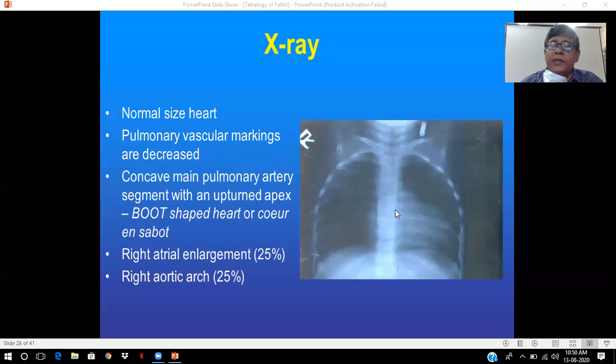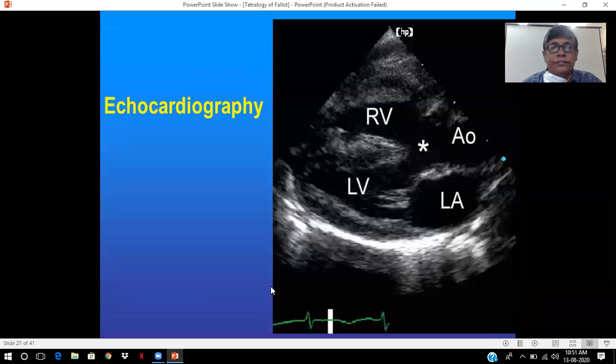Right atrial enlargement may be there in 25% of cases, and a right-sided aortic arch in 25% of cases. In echocardiography, you can see the large VSD and the pulmonary stenosis.